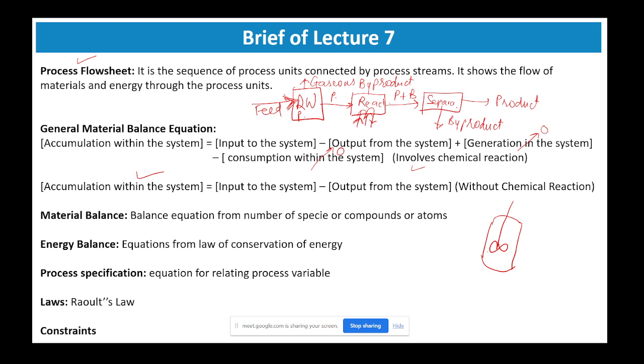So both these terms will be 0, and that is why the equation will end up as accumulation equals input to the system minus output from the system.